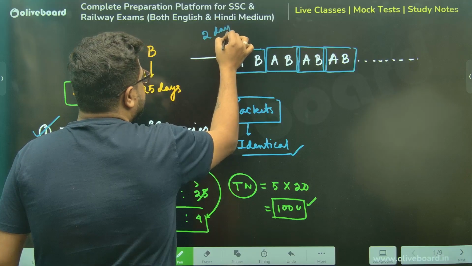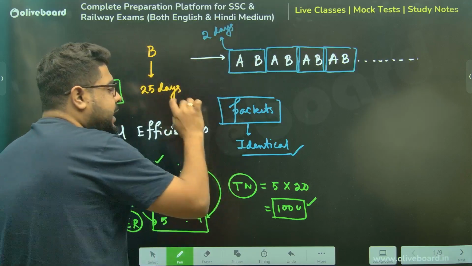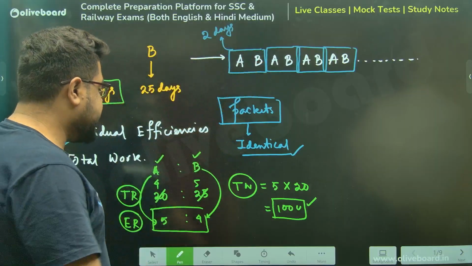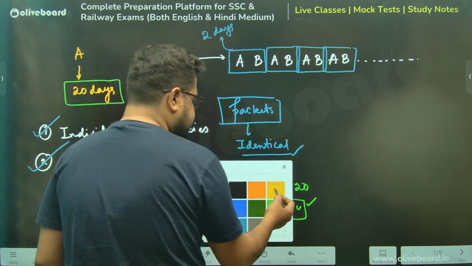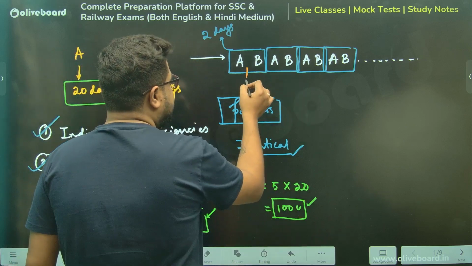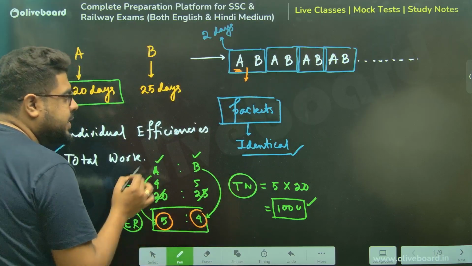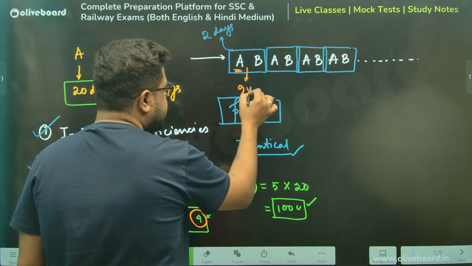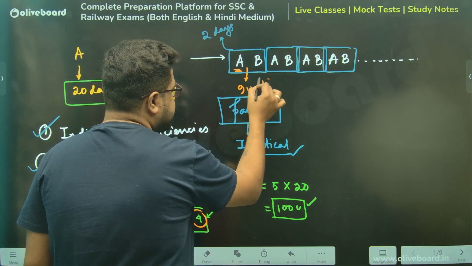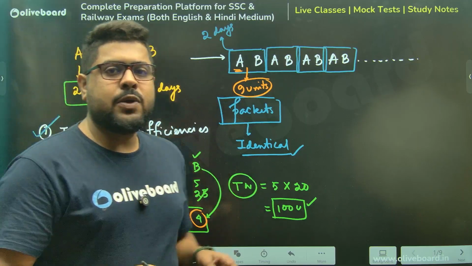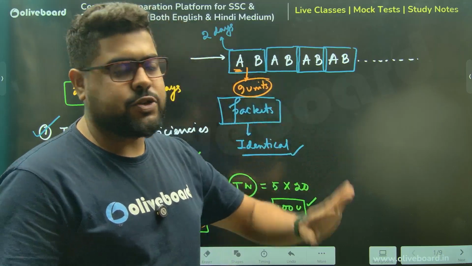One day A is working, the second day B is working. And how much work is being done in every packet? In every packet, A is completing 5 units and B is completing 4 units, meaning 9 units of work is completed every packet.